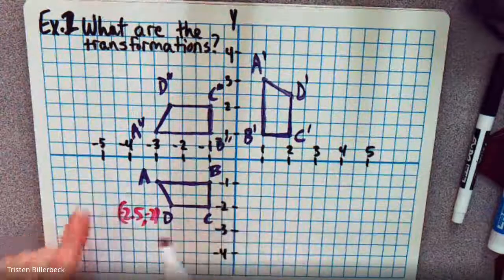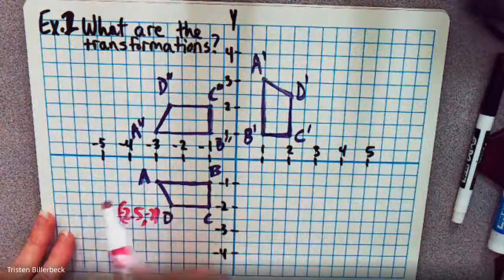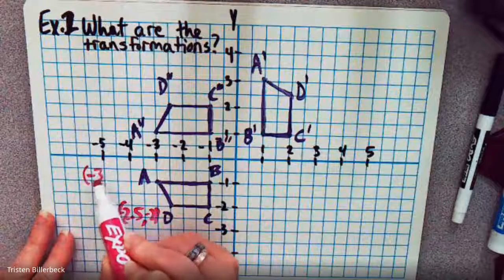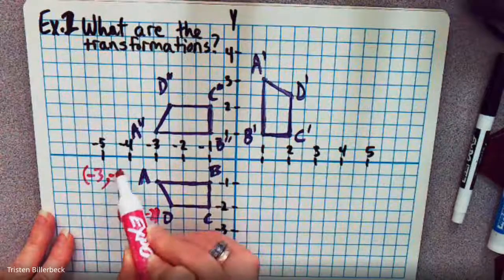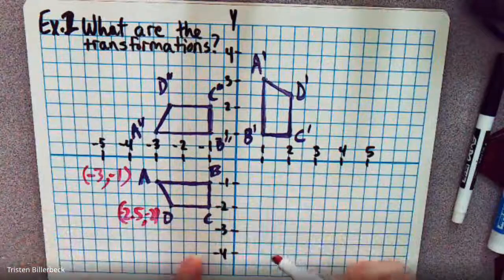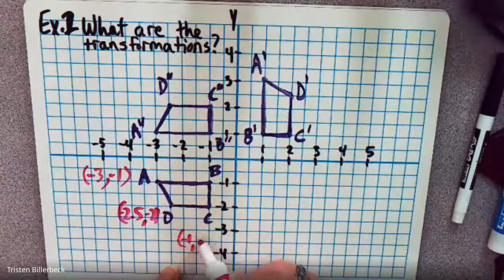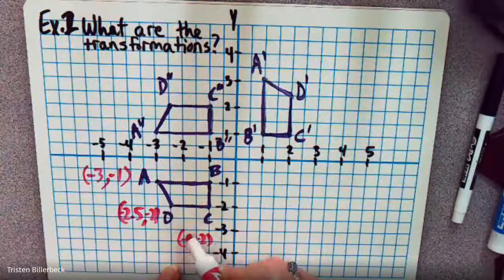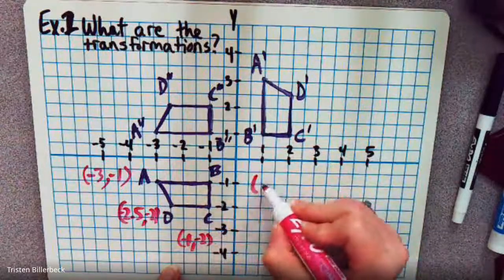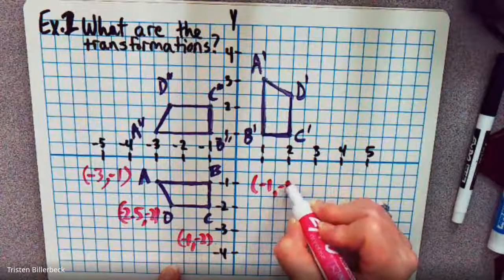This coordinate here is at -3 and -1. And then this one here is at -1, -2. And then we have -1, -1.